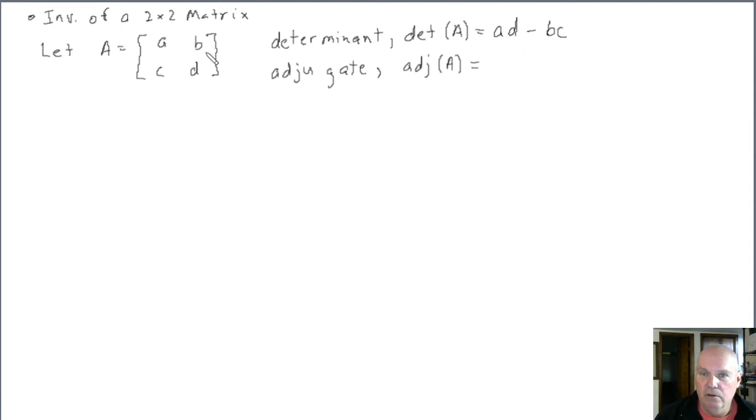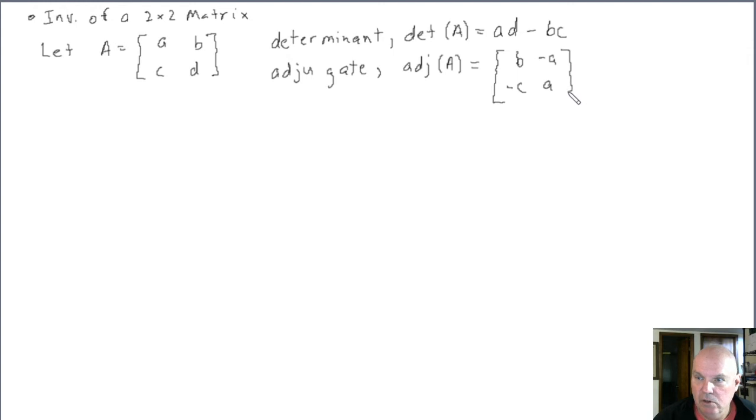Here's the product of these two elements minus the product of those two, which gives us a number. The adjugate is another matrix, and it's defined as follows: for a 2 by 2 matrix, we swap the elements along the main diagonal, and then we negate the elements along the off diagonal.